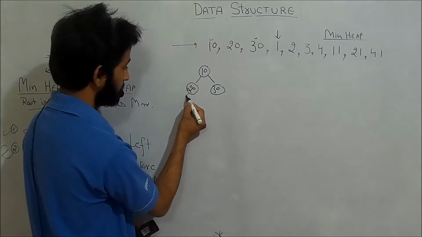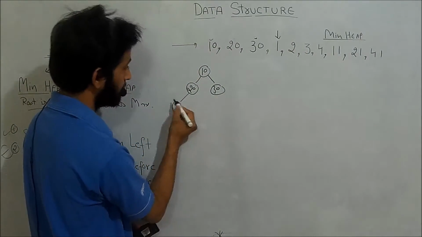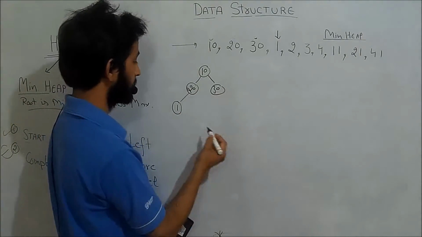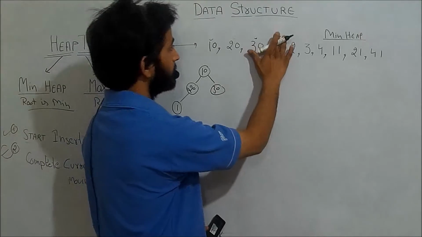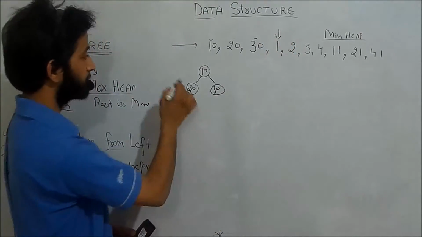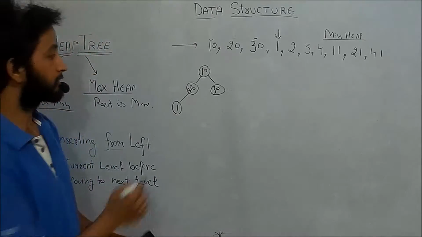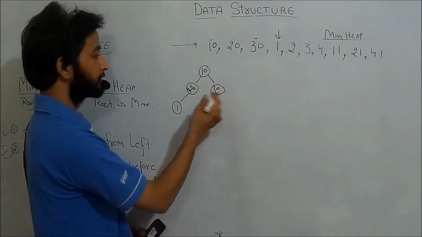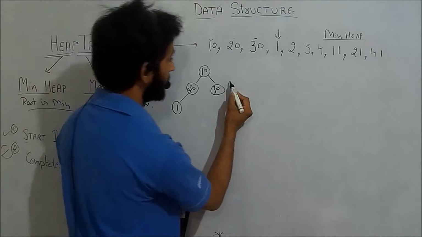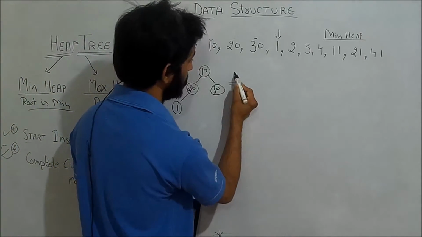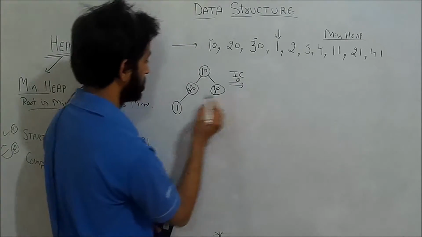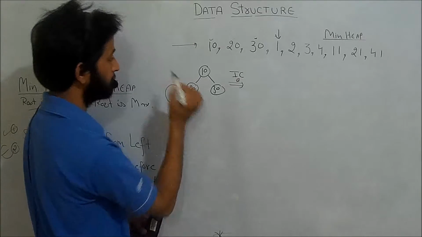So 1 will be inserted to the left of this in level 2. Okay, so before 1 I am checking here the root element, which is 20, and the condition is the root element should be minimum. So for that I have to perform the interchange of 1. Okay, means 1 will be shifted to here.